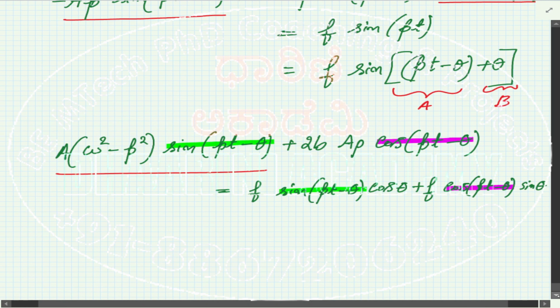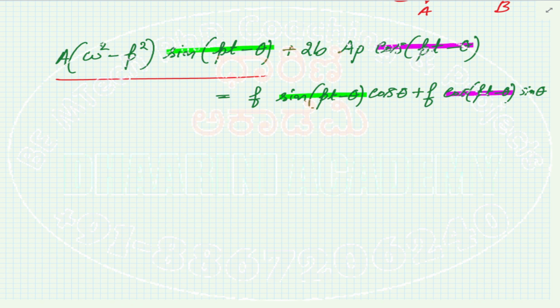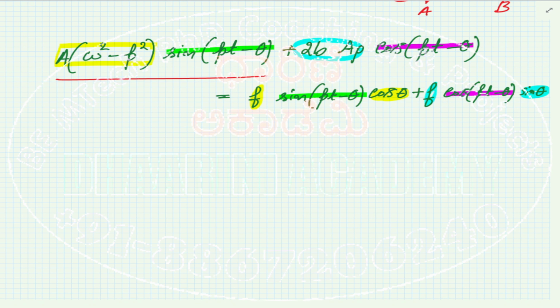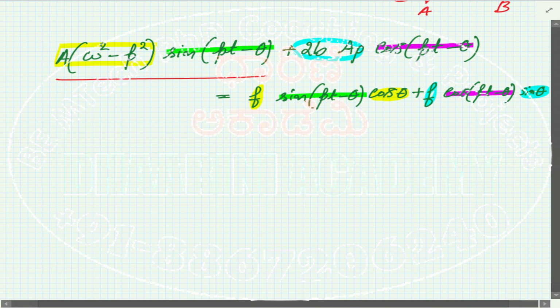What do you mean by that? The meaning is simple. The coefficient of sine pt minus theta should match with f into cos theta. At the same time, the coefficient of cos of pt minus theta, that is 2b into ap, should be equal to f into sine theta. Whatever colors I'm writing, those colors should be the same, because both green terms are the same and both cos function terms are also the same.